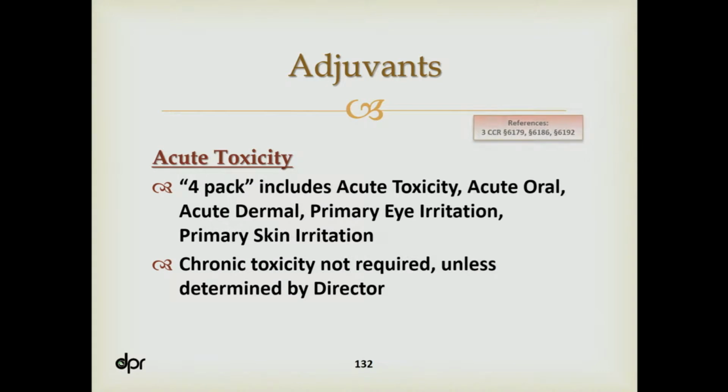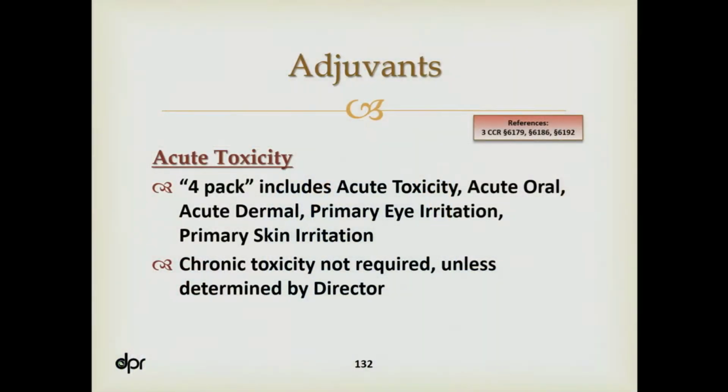Adjuvants, one of our favorites, right? You'll notice that says 4-pack. Out of the 6-pack, this is the area that our HHA people look at. In saying that, though, you could probably get away with just submitting that, but myself, I err on the side of caution. If you have a 6-pack for the adjuvants, go ahead and submit it. It's not going to harm you.